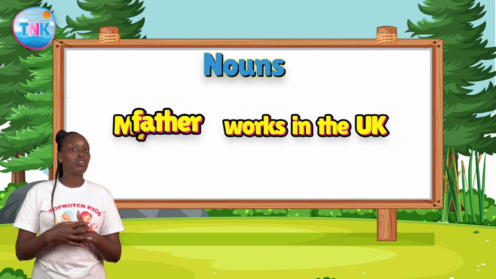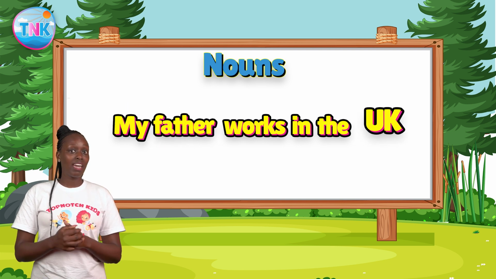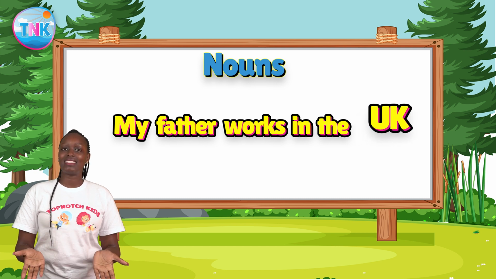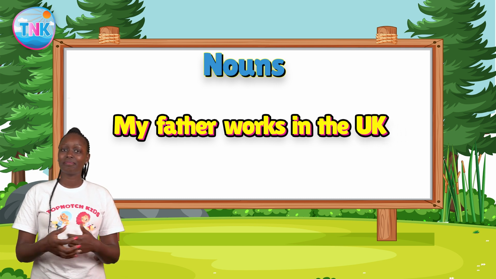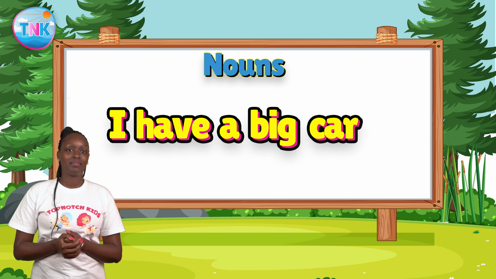Father, which shows the noun of a person, and UK, which shows the noun of a place. Good job! I have a big car. Car is a noun of a thing.